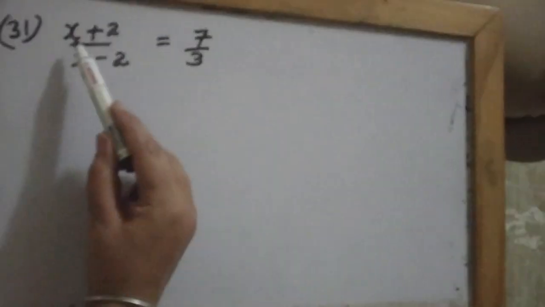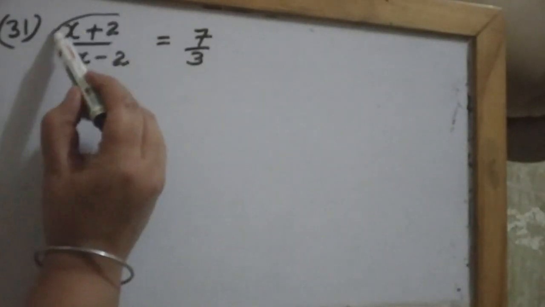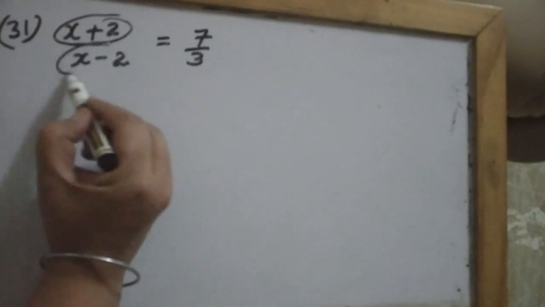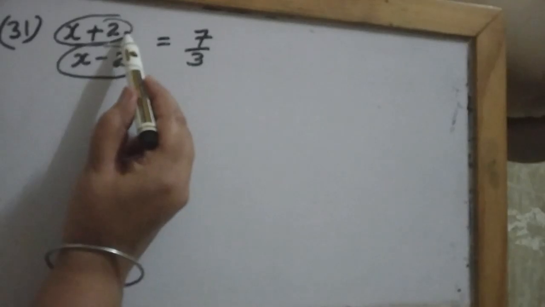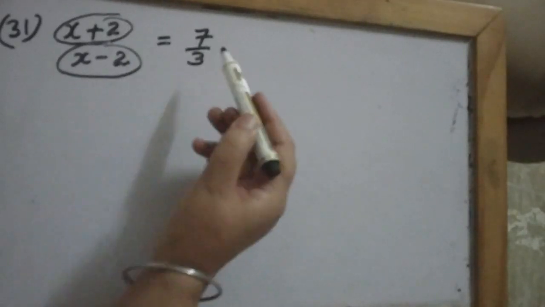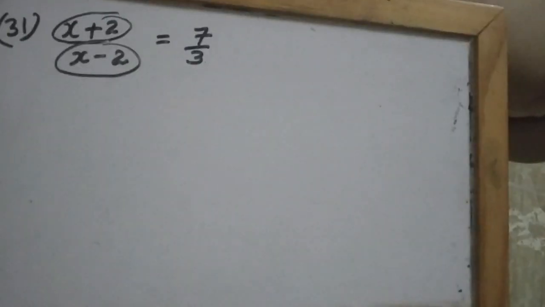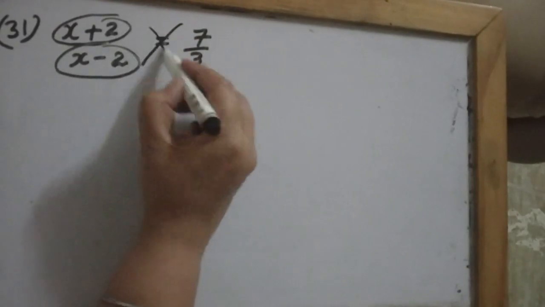As you can see, here you have x plus 2 as the numerator and x minus 2 as the denominator. So this is one fraction only. Here also you have a fraction. When you have fractions on both sides, one of the methods is that you can cross multiply them.